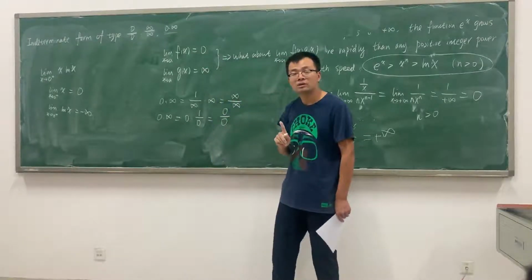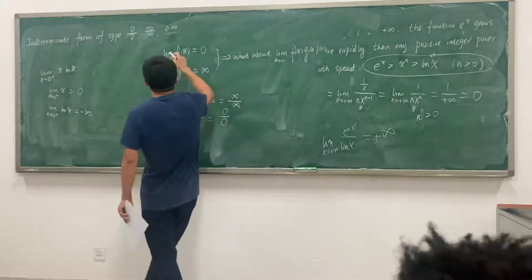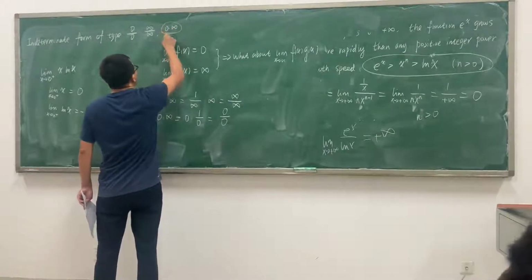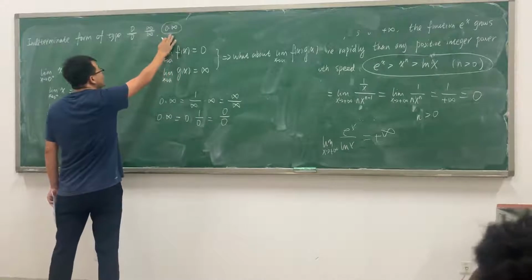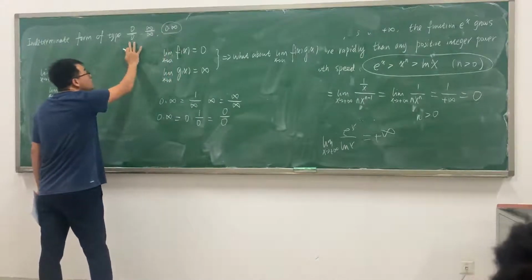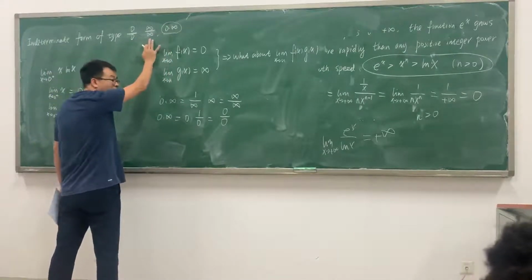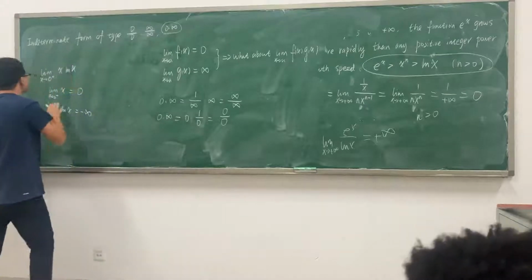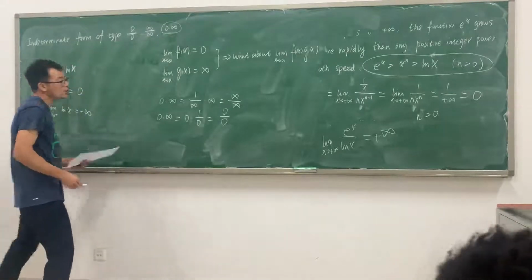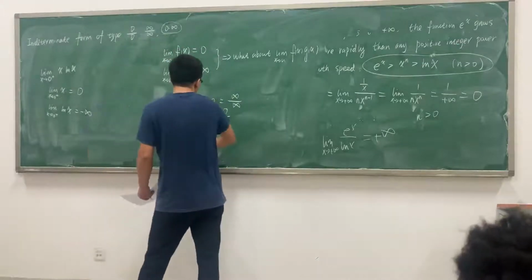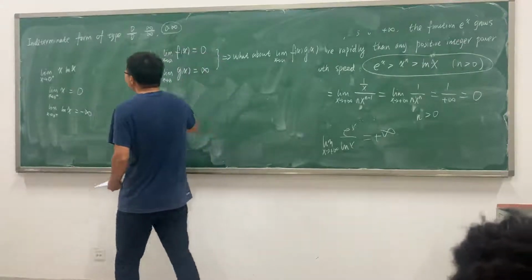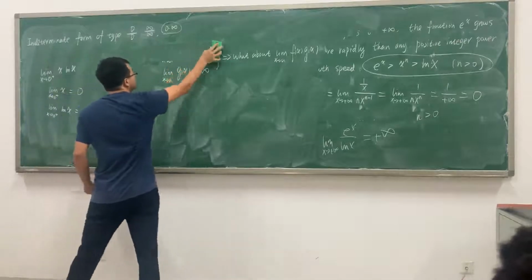So we can transform this form into the first or the second form. For example, for this one, we can see this limit.